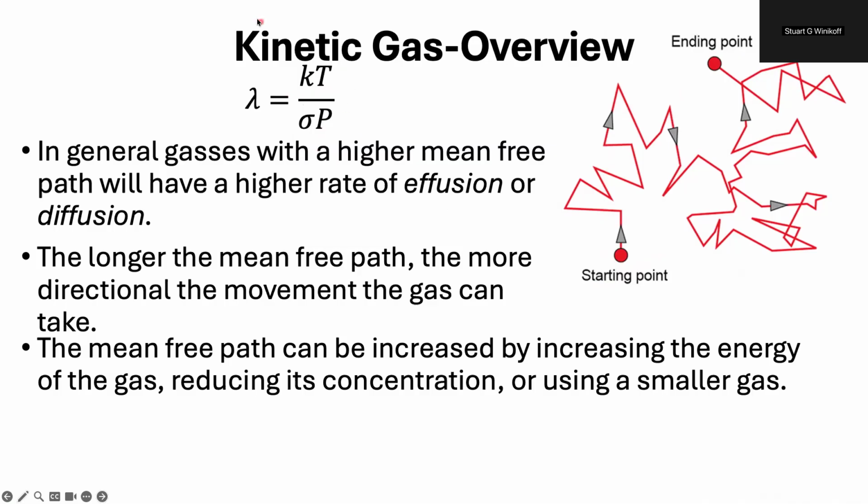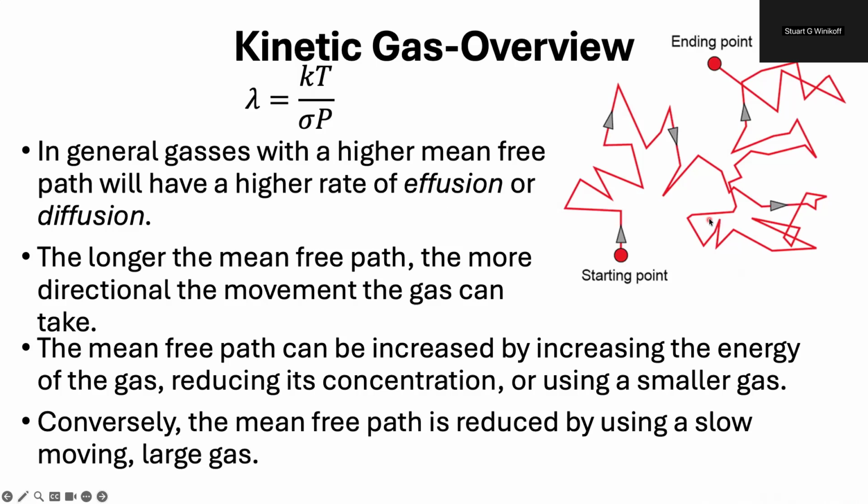They travel less far and they can tend to build up. So again, we get some really useful features just out of this idea of random movement. Conversely, if you've got something that's very slow, so very cold and large, it won't travel quite as far, and this can cause some real issues in any number of environments.